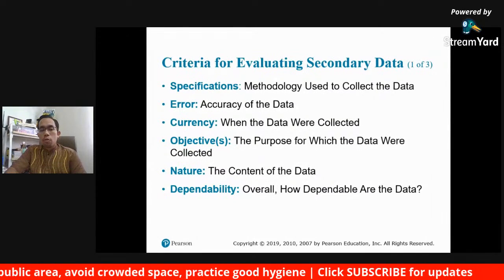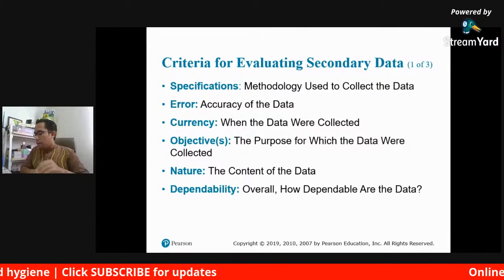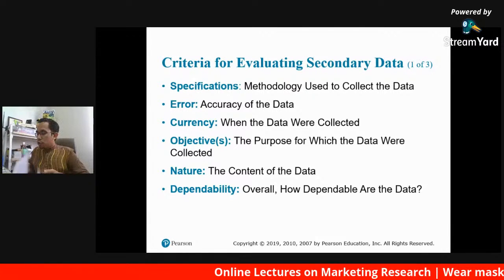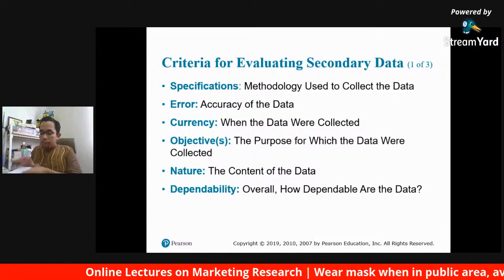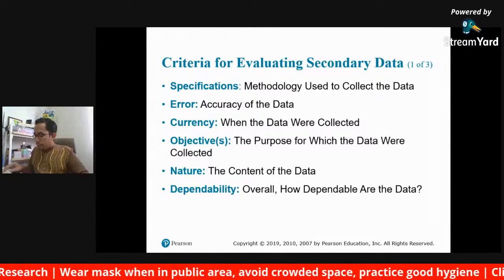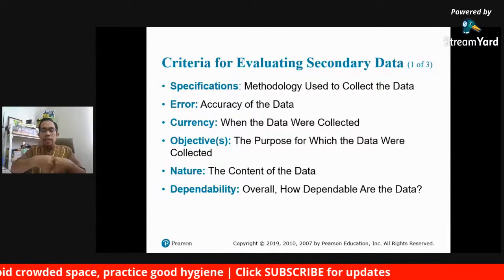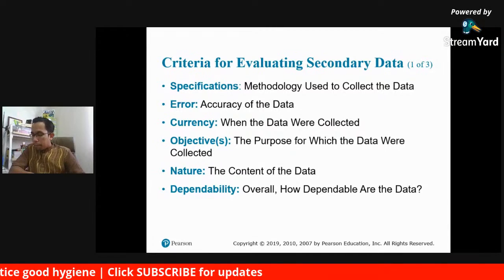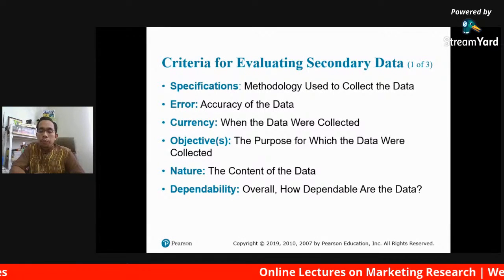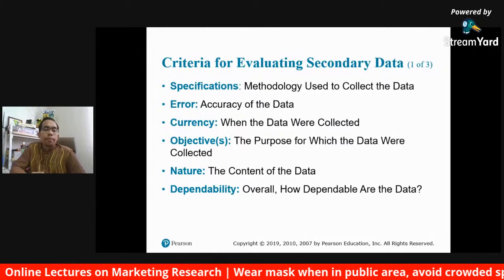All right. So what are the problems? What are the problems when using secondary data? I want to highlight a few things that we need to be aware of if we use secondary data as a source of information. First of all, it's related to the usefulness level of those data to our current problem, to our own problem.